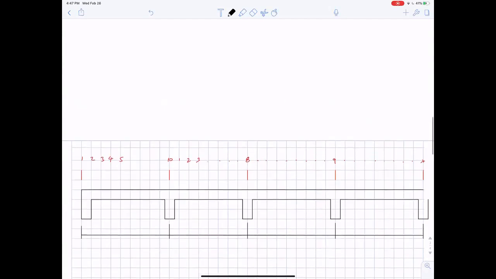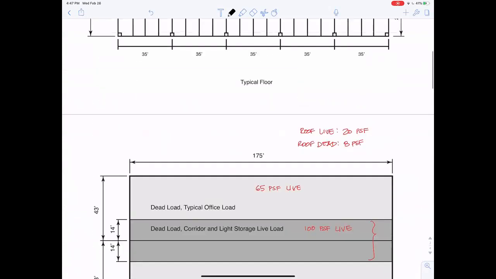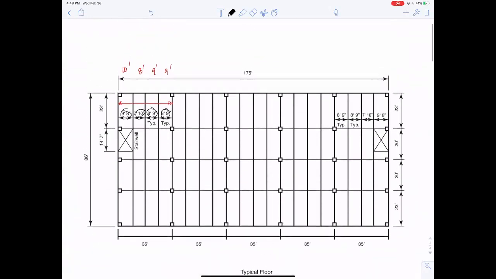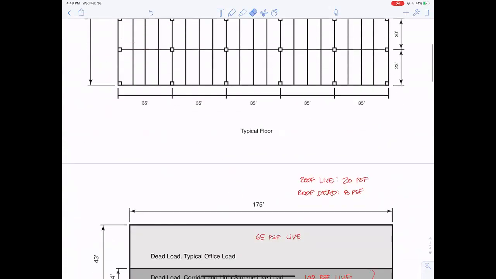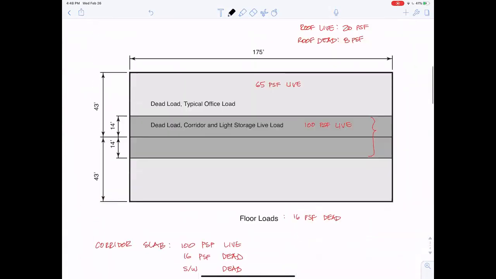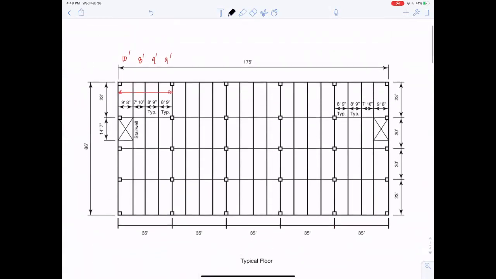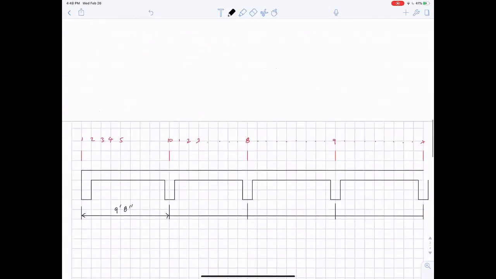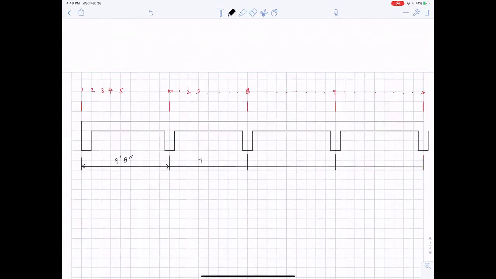That first span from the outside to the midspan was 9 feet. This is 9 feet 8 inches. Center to center are all the rest of them: 7, 10, and 8, 9.